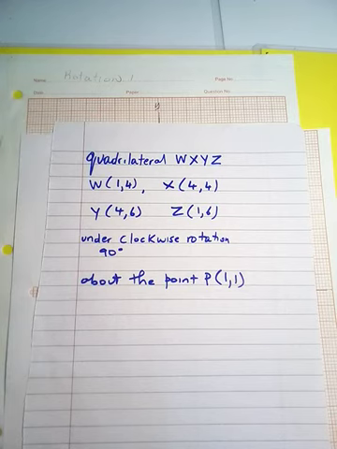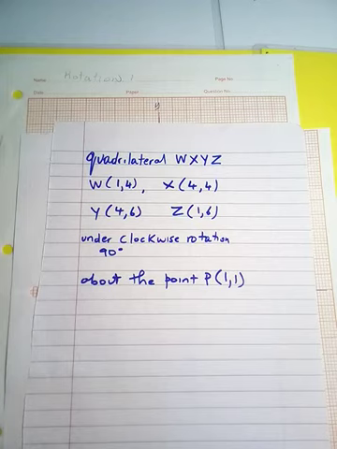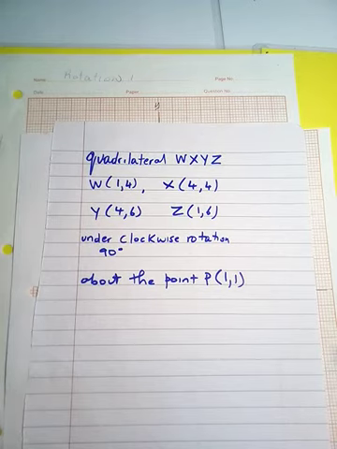So we're going to our right, 90 degrees, about the point. So we must have these three things. We want to determine the image. So we have been given the object point, the direction, because the word clockwise tells us we're going to go right, the degrees we're working with, and the point of rotation.